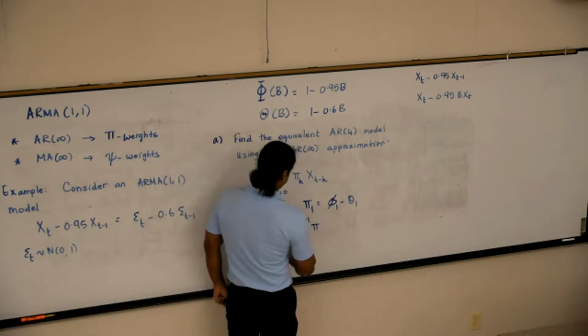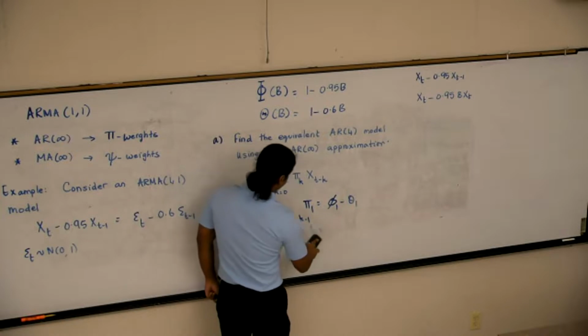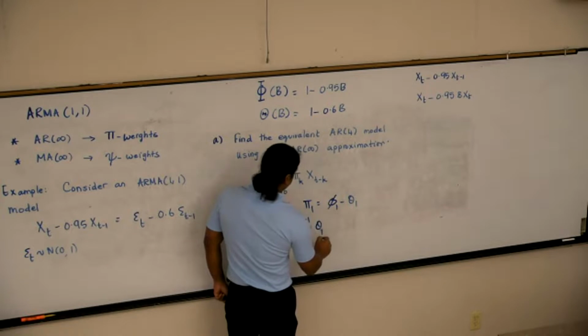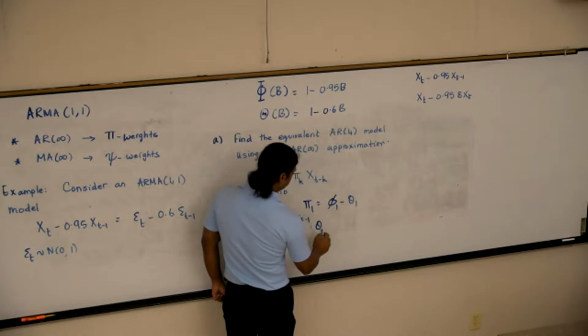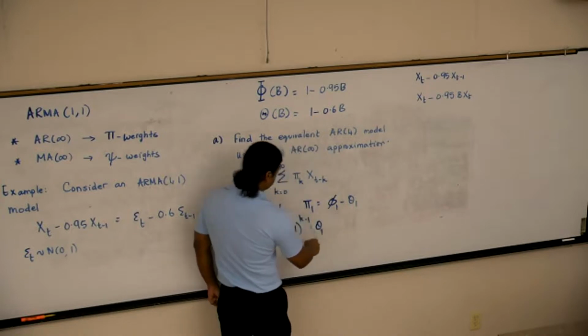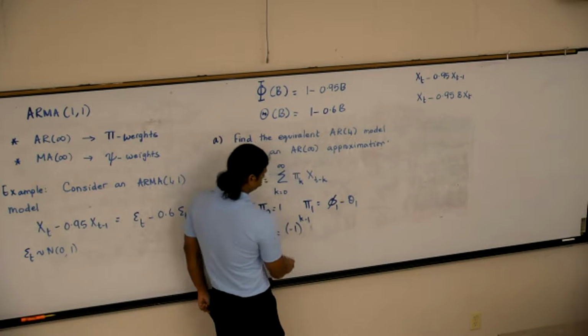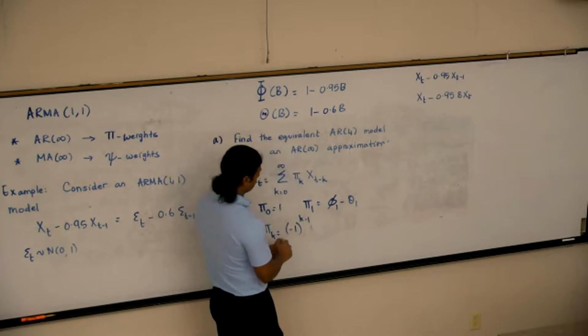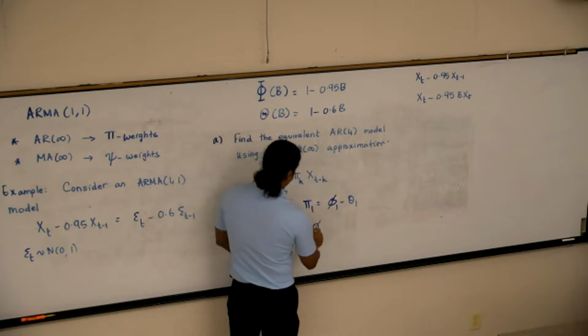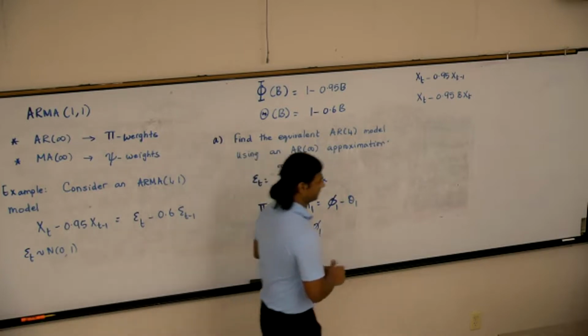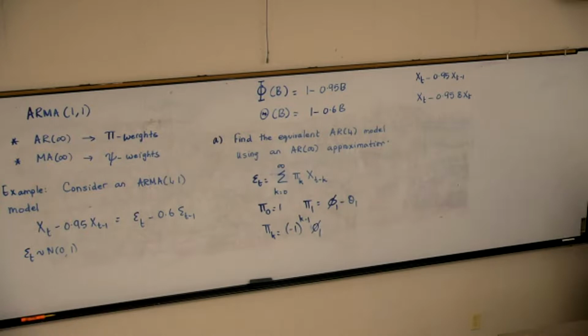So, theta 1 to the k minus 1 times pi 1. It should be phi 1 raised k. Yeah, negative phi 1 raised k minus 1 pi 1. That's what I wrote down. No, theta 1 to the k minus 1 times pi.